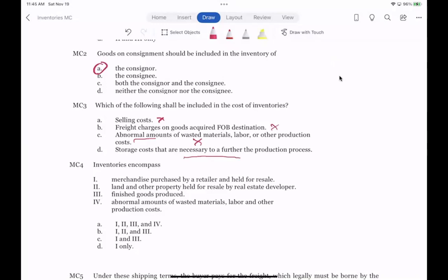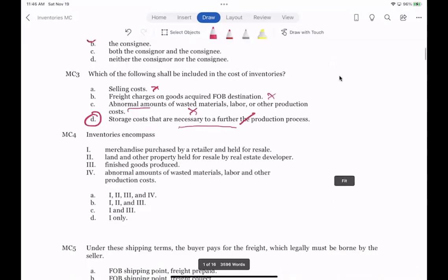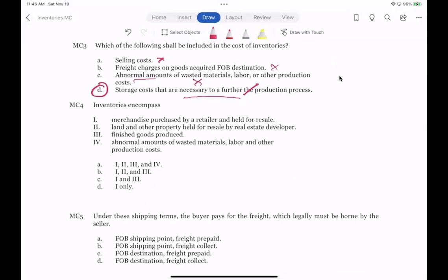Under IAS 2, storage costs are not part of inventory unless they are necessary to a further production process. And therefore, this is included now because that is necessary to a further production process. So there is a typographical error there. So it's letter D.